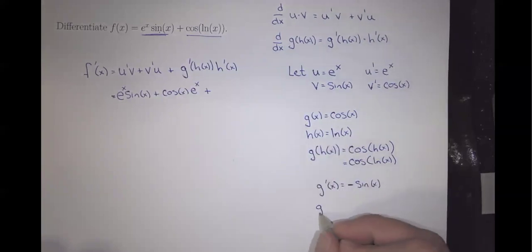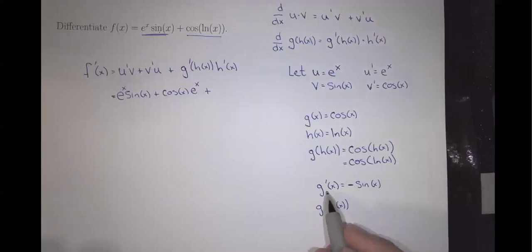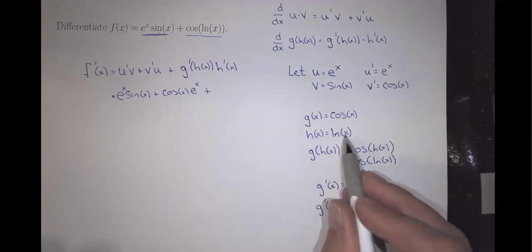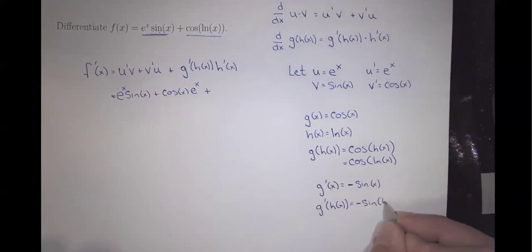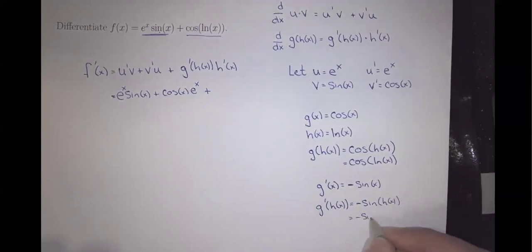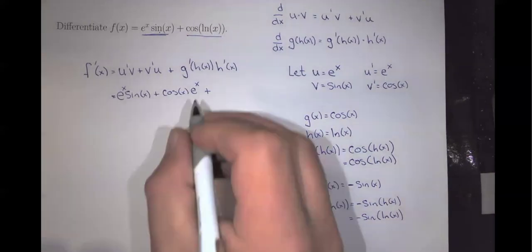So g prime of h of x, we take our g prime of x, replace the x with our h of x, which is log of x. So negative sine of h of x. H of x is natural log of x. And so g prime of h of x is going to be negative sine log of x.